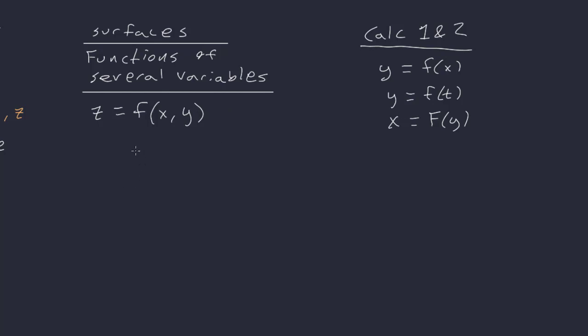Another way to represent this would be capital F of x, y, z equals 0 or equals some constant. This will also give us a surface in 3-space. So these spit out 3D surfaces.